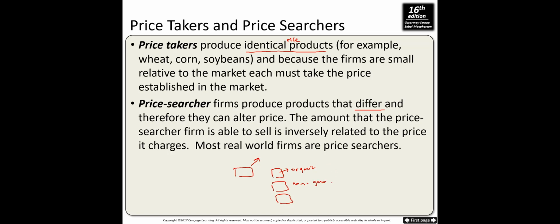If you can differentiate your product, then you can alter the price. In this case, the company buying rice from you, packaging it into different packages and labeling it differently can differ the product and they can charge their own price. The amount that the price searcher firm is able to sell is inversely related to the price it charges. Most real-world firms are price searchers.